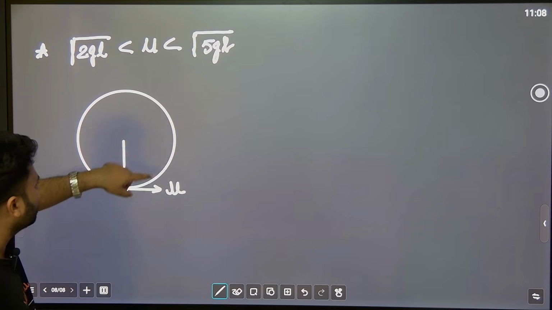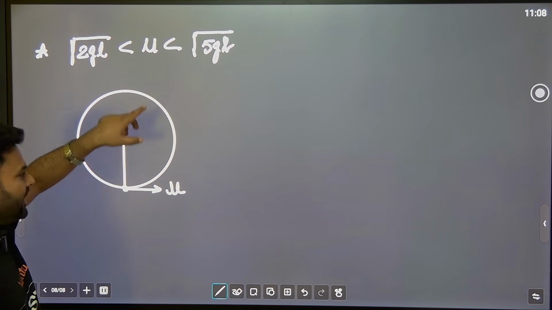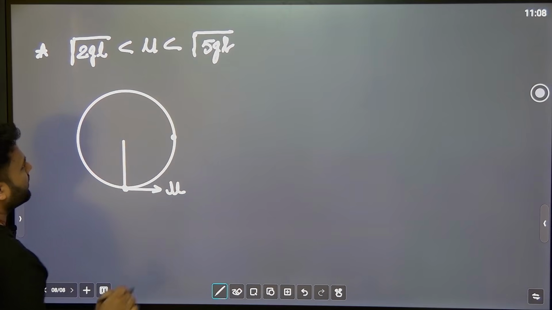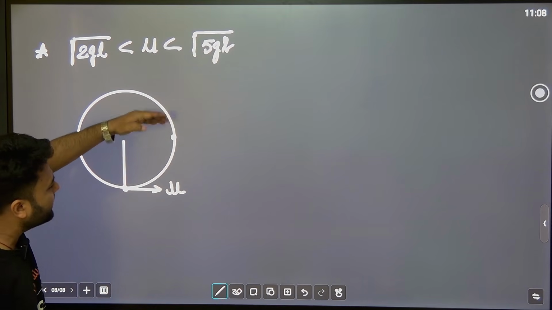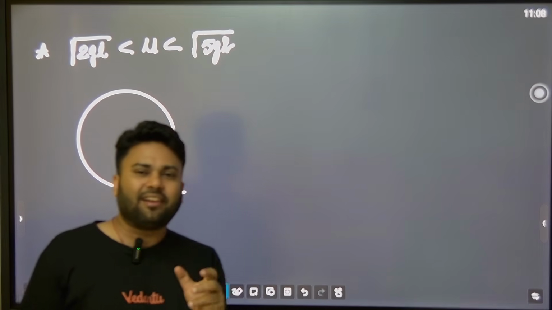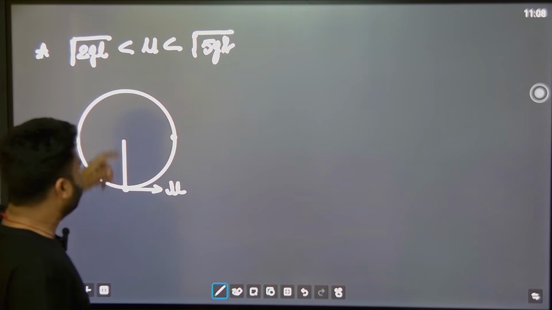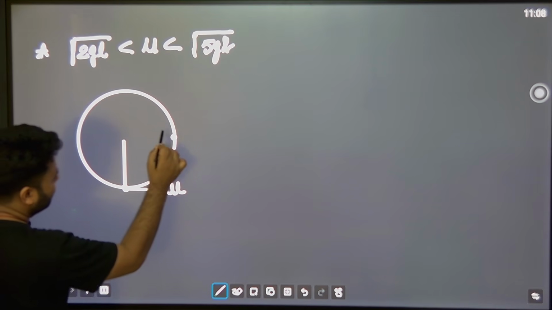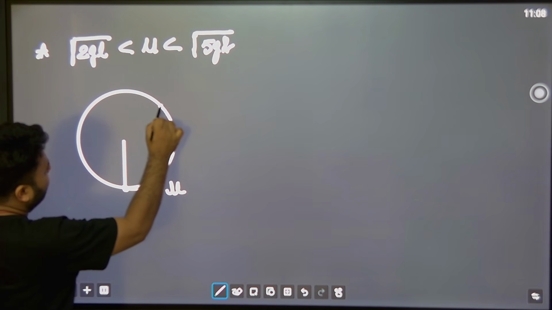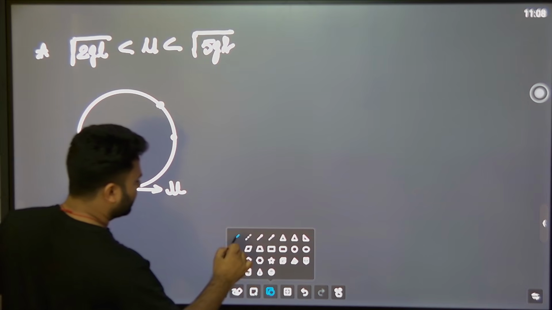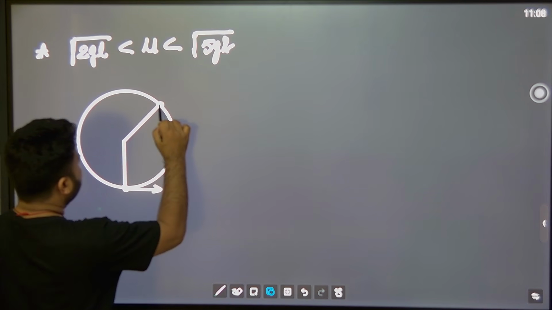Root 5 GL is required to complete the circle and root 2 GL is required to reach here. But you are giving more than root 2 GL, so it will go above this point. But you are giving less than root 5 GL, so it will not complete the circle. So what will happen? The ball will go like this, and at a certain point, suppose here, the ball will reach till here.